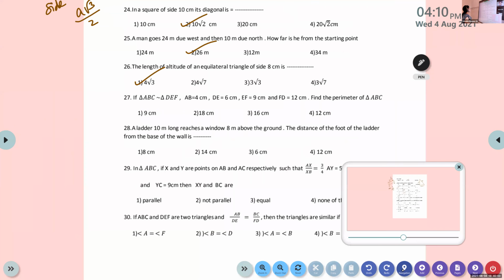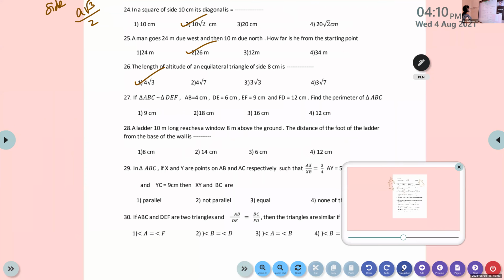27th one. Triangle ABC is similar to triangle DEF. So two triangles are similar. Therefore, corresponding sides will be proportional, isn't it? So AB by DE will be equal to BC by EF is equal to AC by DF. Now the measurements: AB is given as 4, DE is 6.